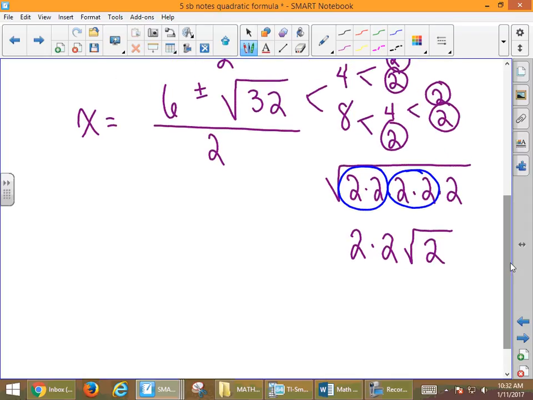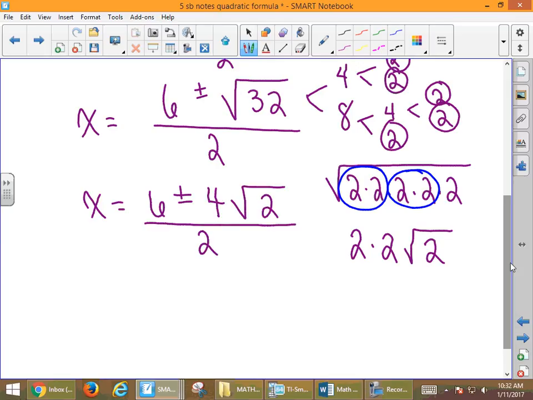So we're going to take this value now. We just simplified the square root of 32. And we're going to get 6 plus or minus 2 times 2 is 4 radical 2 over 2. And the last part here is we can take this one step farther because 6 and 4 and 2 all have something in common.